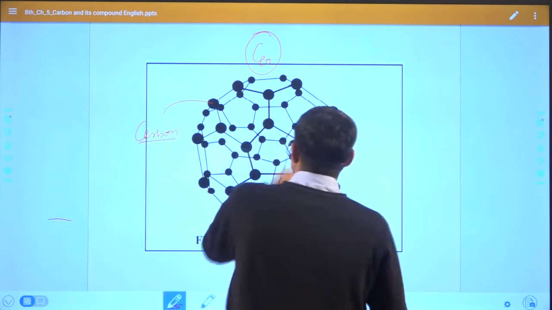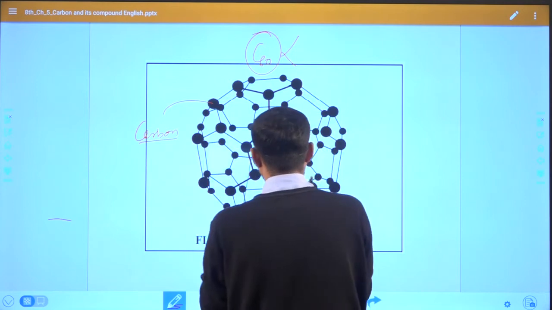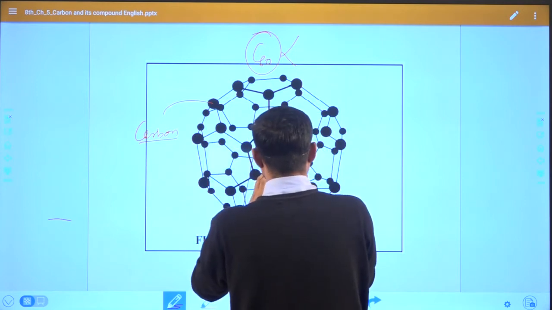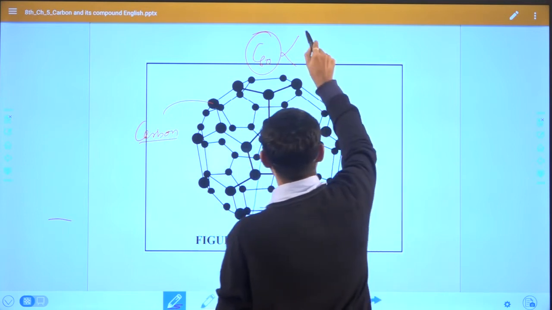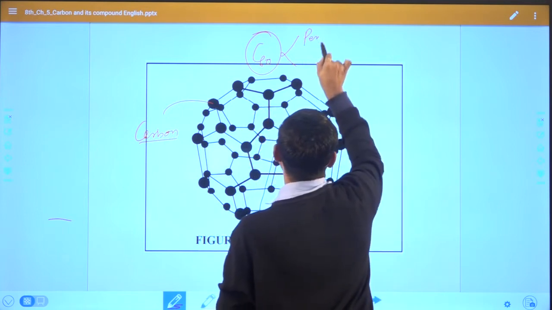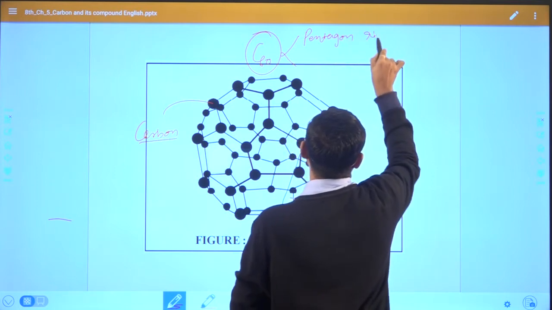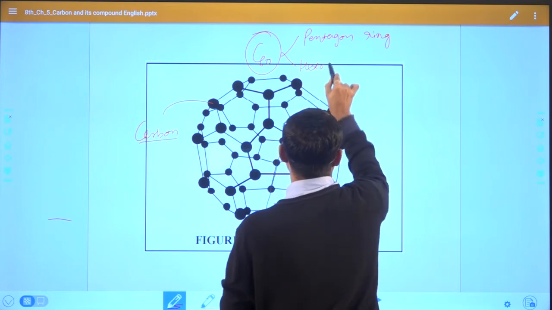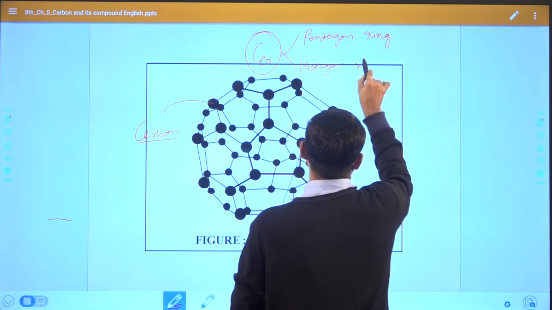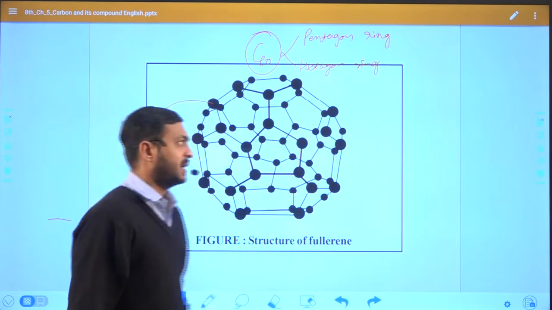Now it contains two types of rings, that means the structure is made from 5-member rings and 6-member rings. A 5-member ring is nothing but a pentagon ring, and a 6-member ring is nothing but a hexagonal ring.